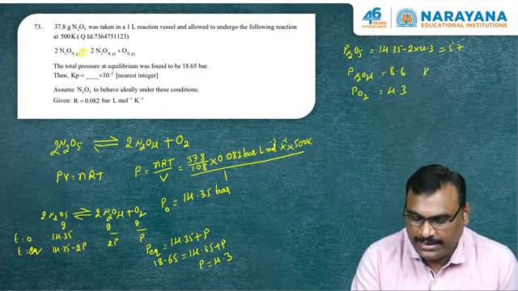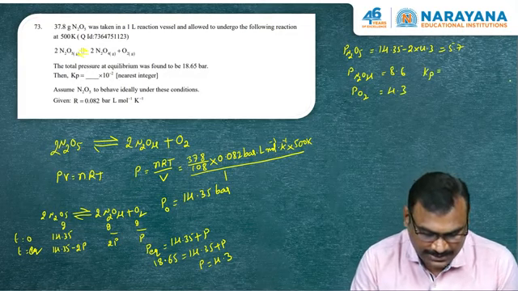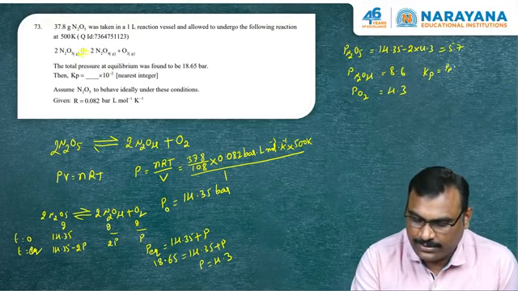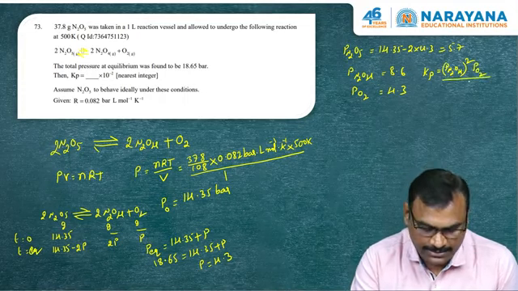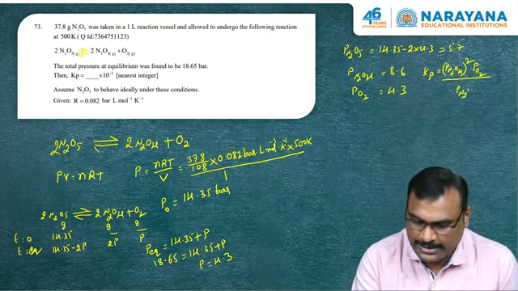Now Kp is equal to the pressure of N2O4 whole square times the pressure of oxygen, by the pressure of N2O5 whole square.